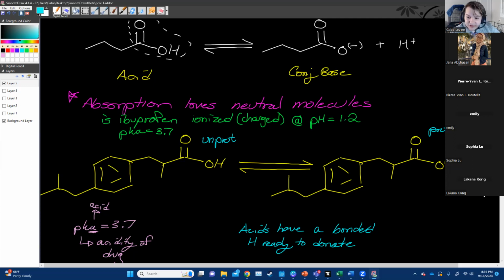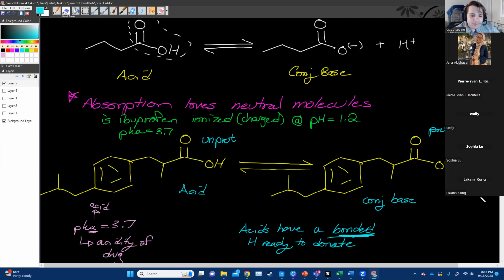He's gone, he's off on vacation. Remember, bonded. So our hydrogen has already left for vacation. So which one is the acid? The one on the left. Which means that this is the conjugate base, right? Yeah, I see. Sweet.